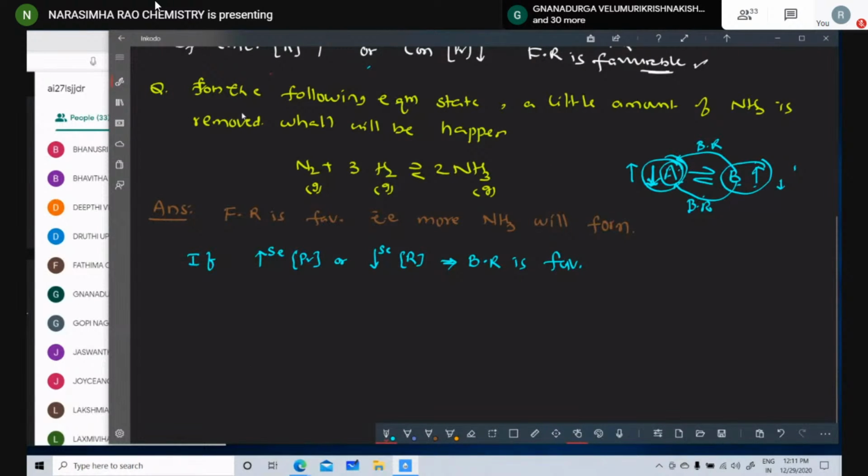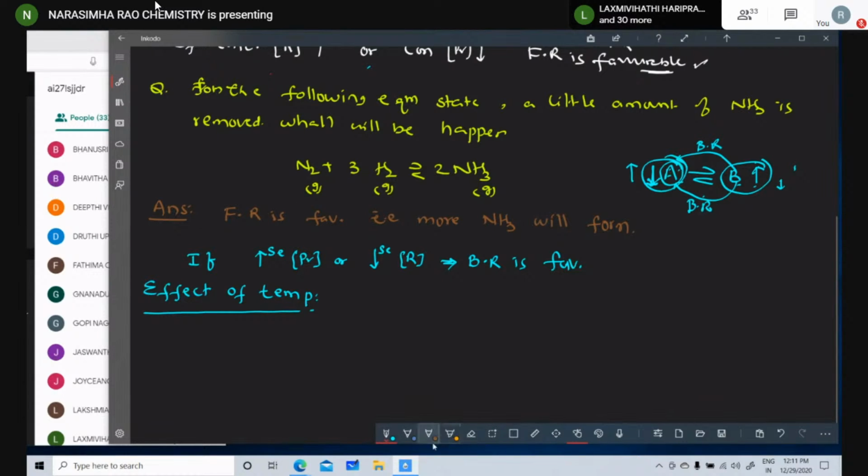Right, children. So this is the effect of concentration is completed. Now, let me go to the effect of temperature. What will be happening, children? How the temperature will affect the equilibrium state?